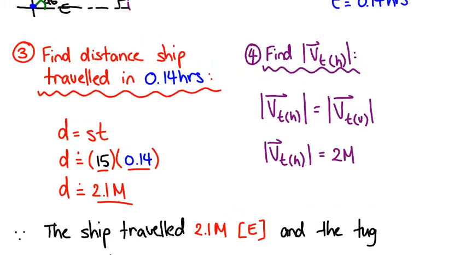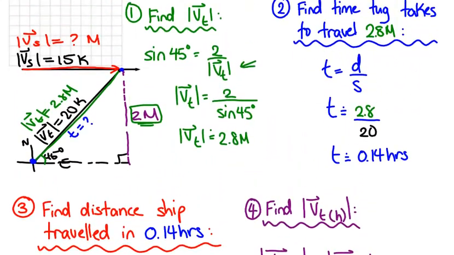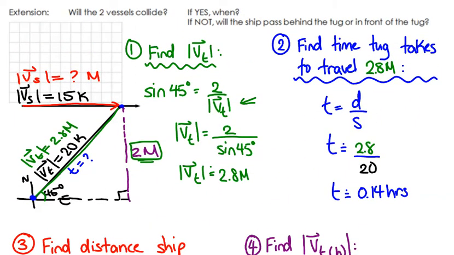All right, let's put that into our diagram. I'm sorry to keep scrolling up and down. This is 2.1 nautical miles. And okay, let's go back to horizontally, what is this distance?